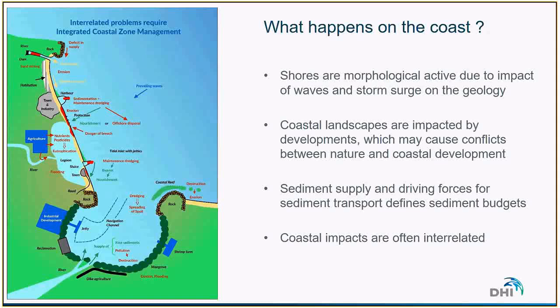And to understand all these processes, we are lucky because today we have a better understanding of the physical processes themselves. We also have access to much more field measurements, and we also have numerical models that are able to help us predicting the shoreline evolution.